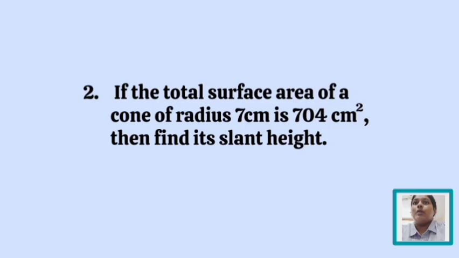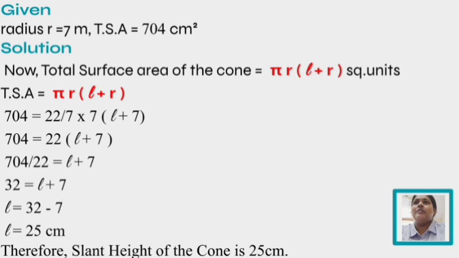So now let's solve another problem. If the total surface area of a cone of radius 7 centimeter is 704 centimeter square, then find its slant height. As given, the radius is 7 centimeter, TSA is 704 centimeter square, and we have to find the slant height.